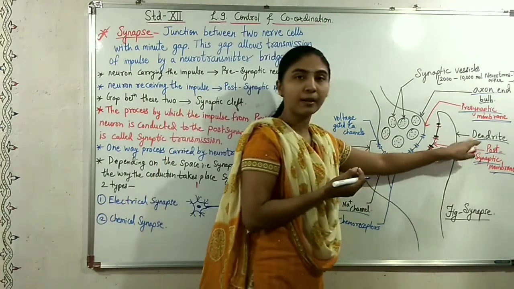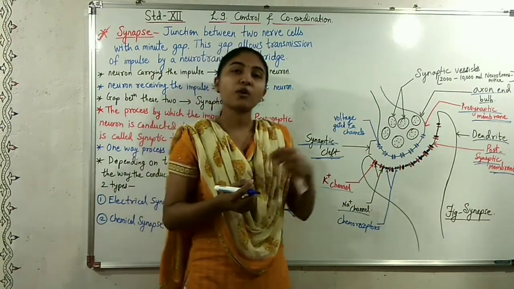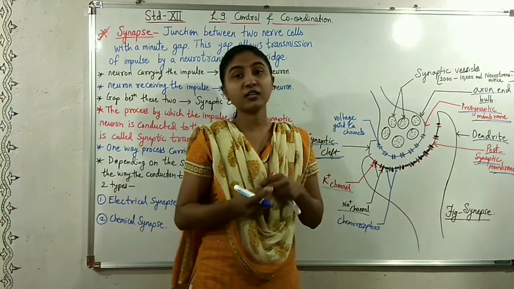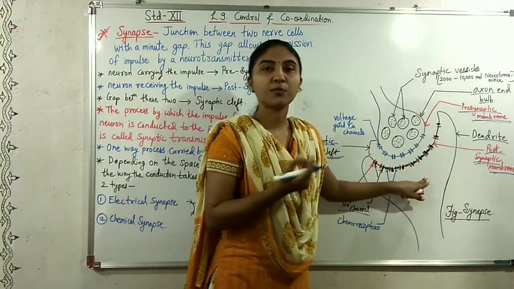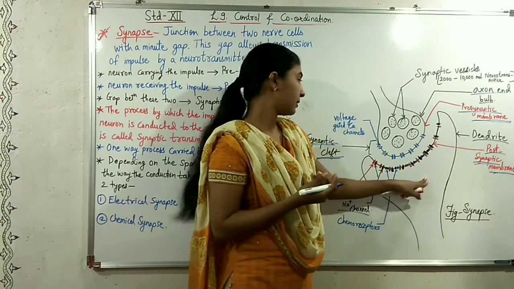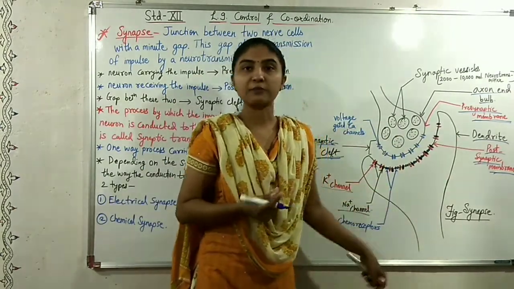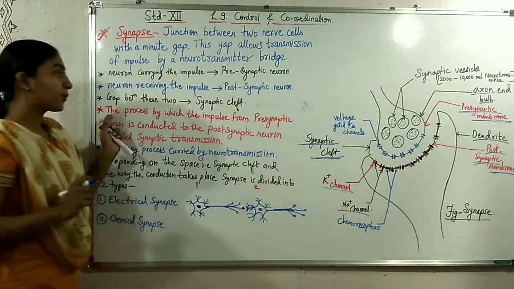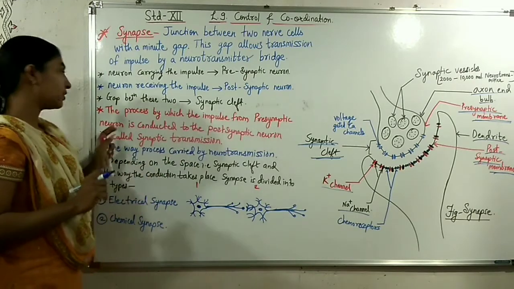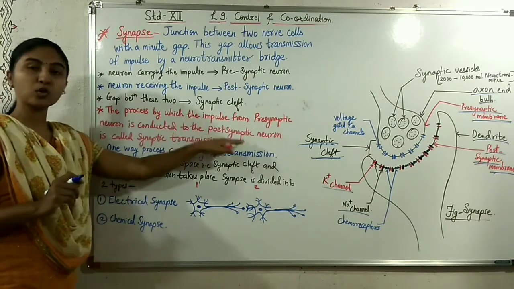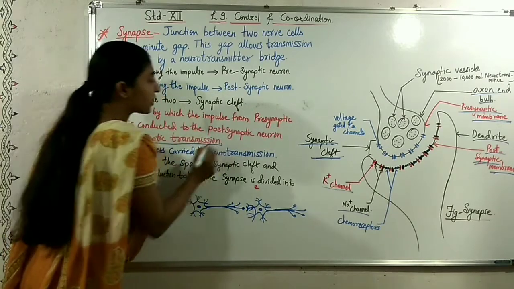The dendrite membrane has two channels: one is for potassium ions and another is for sodium ions. Also there are chemoreceptors present on the postsynaptic membrane. So this is the structure of the synapse. Now the process by which the impulse from the presynaptic neuron is conducted to the postsynaptic neuron is called synaptic transmission.